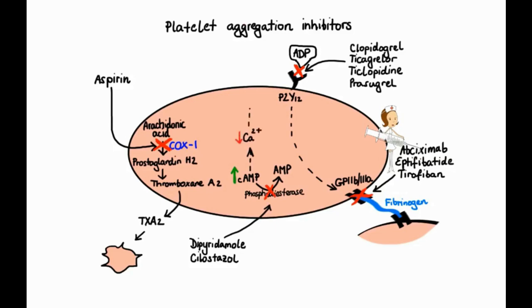So by blocking this enzyme, dipyridamole increases the intracellular level of cAMP, which in turn decreases the intracellular level of calcium, and this inhibits platelet activation, as you might have studied in your blood clotting physiology.